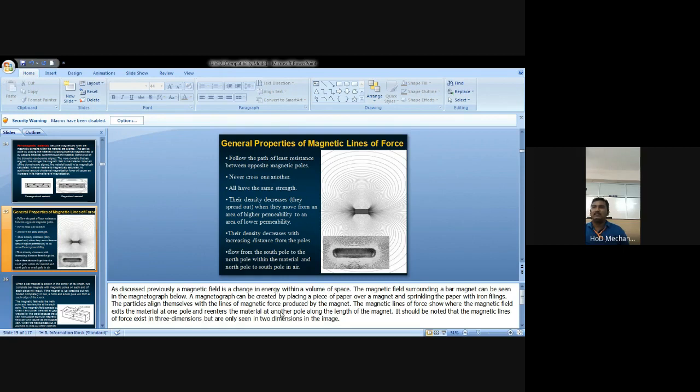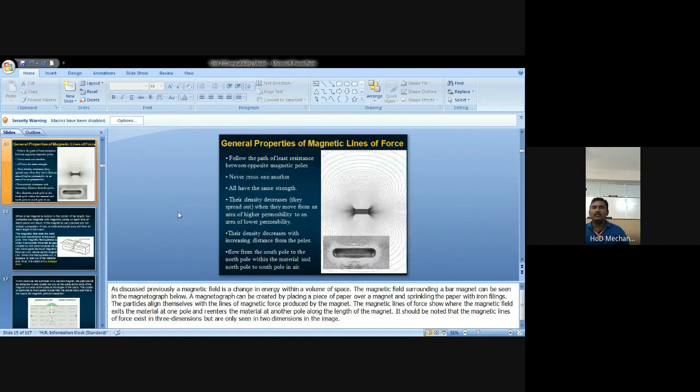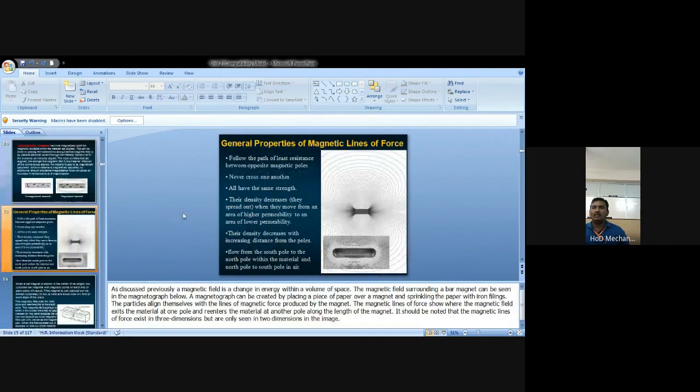The magnetic field surrounding a bar magnet can be seen in the magnetograph below. A magnetograph can be created by placing a piece of paper over a magnet and sprinkling the paper with iron filings.